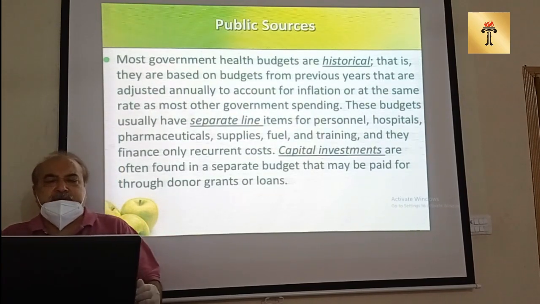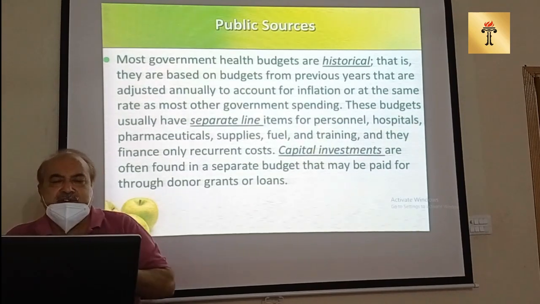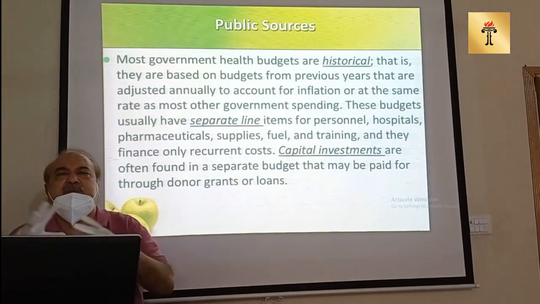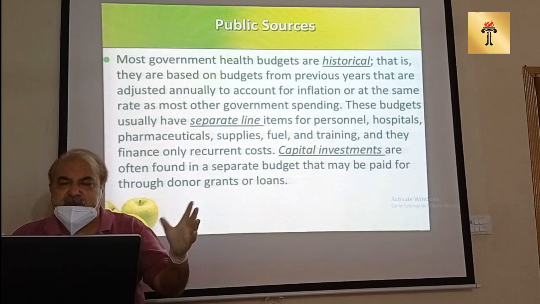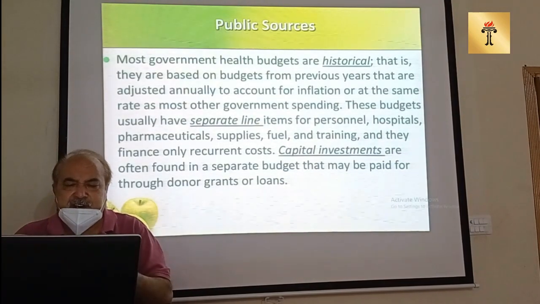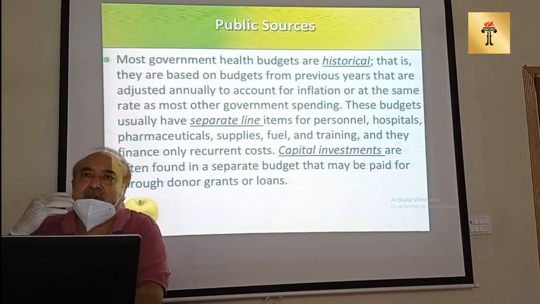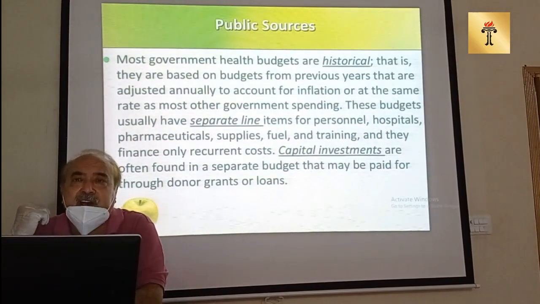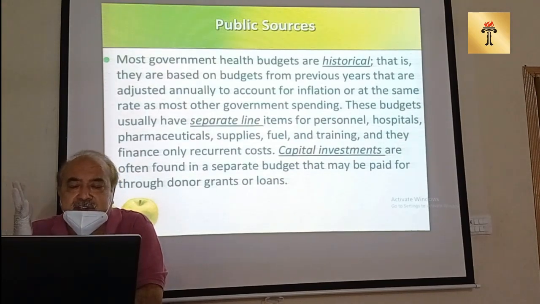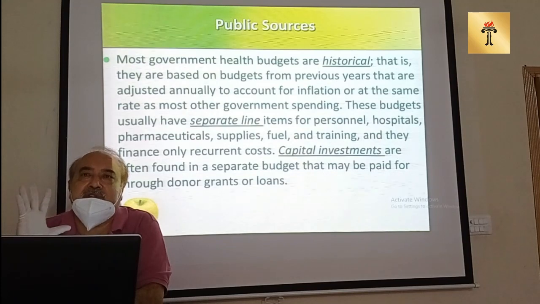Now, most government health budgets are historical. Like previous years, you just increase the health budget, the inflation rate is added. The health budget provided by the government to the health facilities and other health institutions has separate line items.